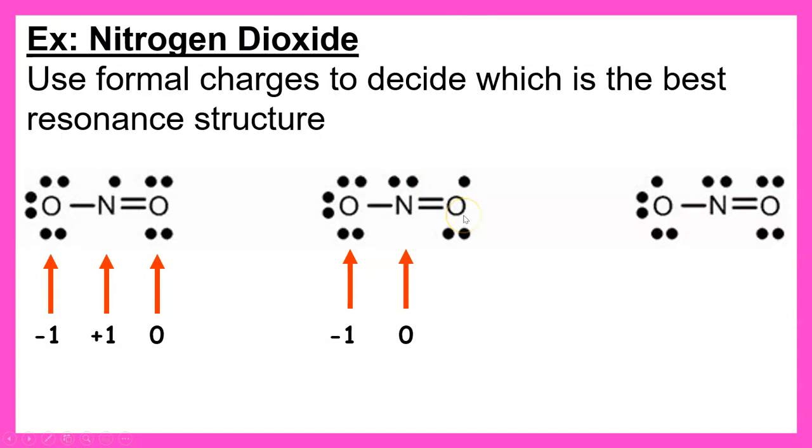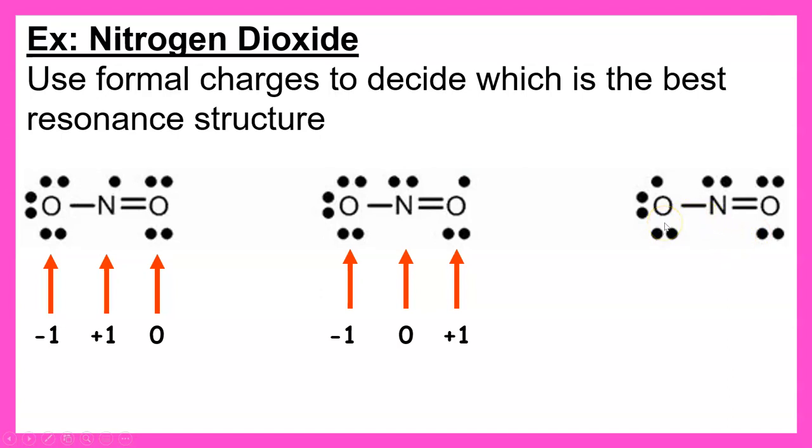And here, we have 6 minus 2 minus 2 minus 1 more gets me a +1. That's not good, is it? We don't want a +1 formal charge on an oxygen. That's gross.